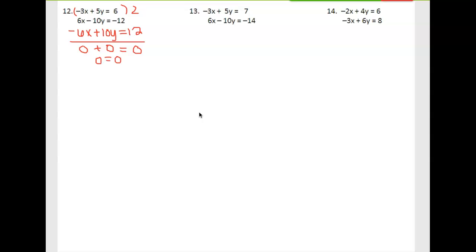So 0 does in fact equal 0, and when you get 0 equals 0, what that means is that these are the exact same line, which means they are coinciding, which means there is not 1, there is not 2, there are infinitely many solutions.